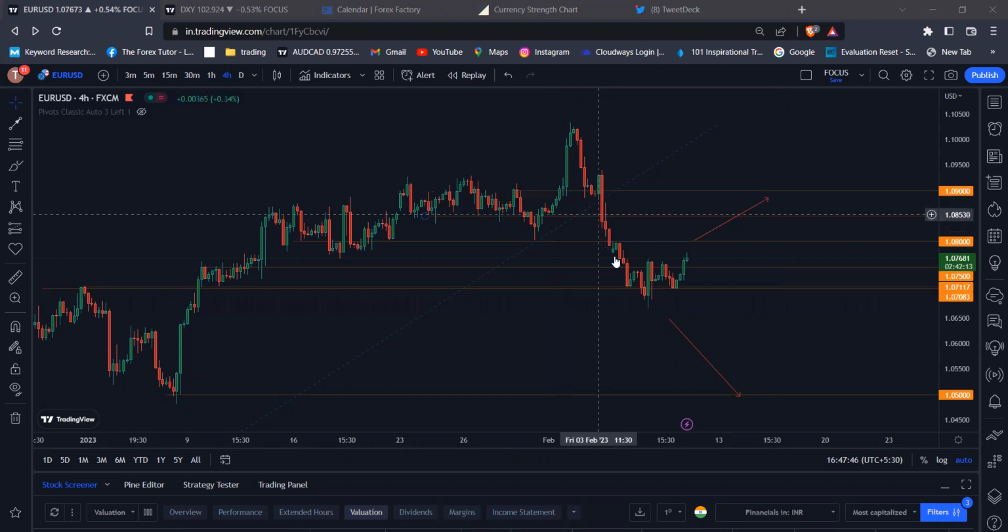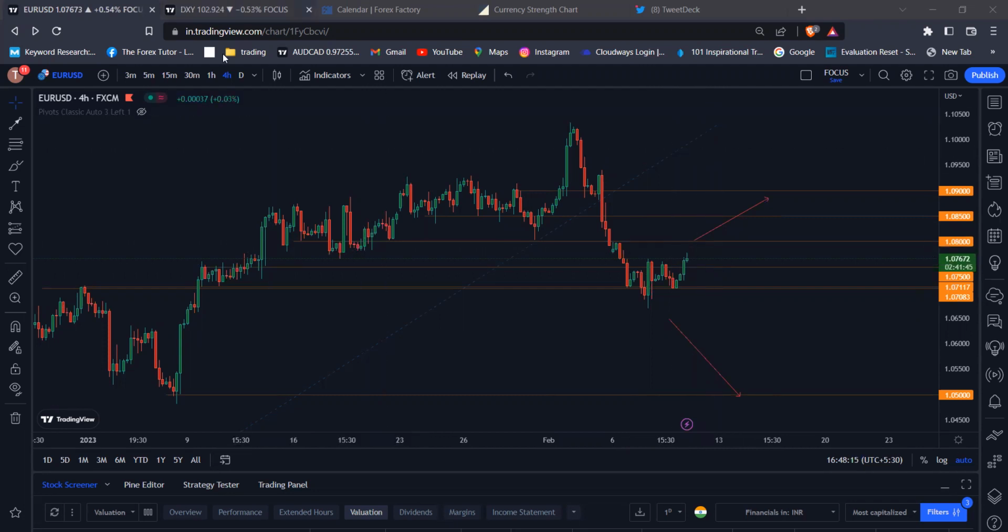If you look at the Euro USD right now, as we discussed in our previous video, Euro USD broke the 1.07117 psychological number, but after the US dollar weakness it respected the 1.0650 psychological number and is moving upwards to the 1.0800 psychological number because of the US dollar weakness.